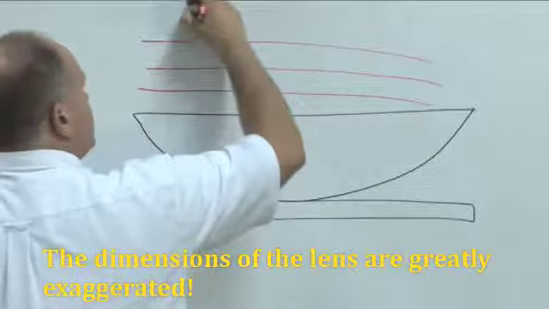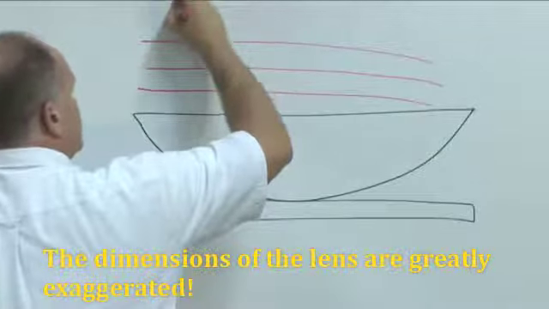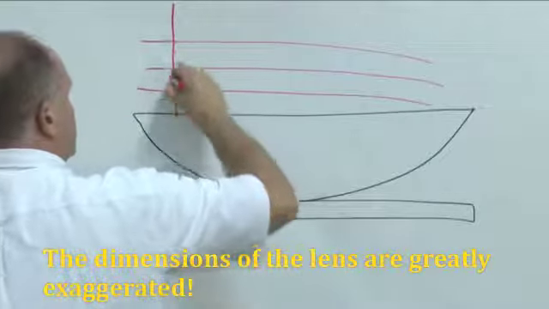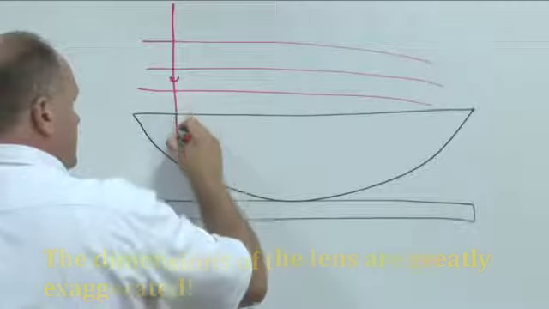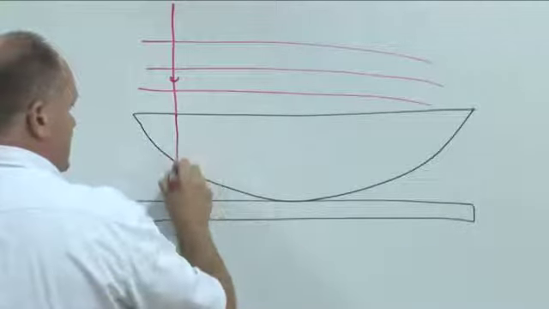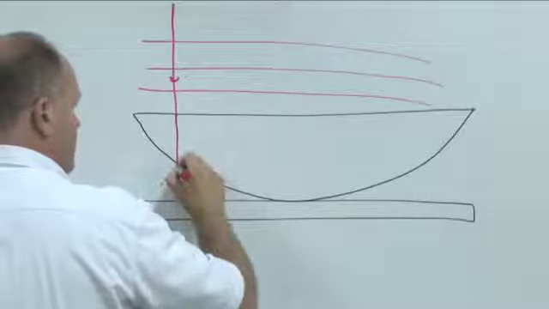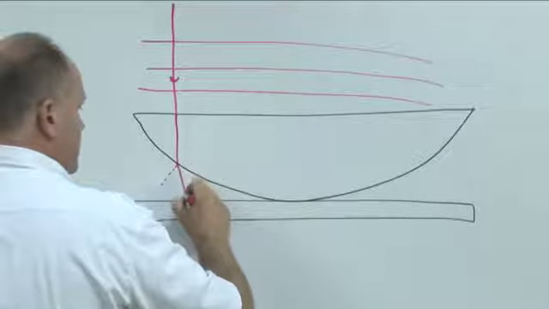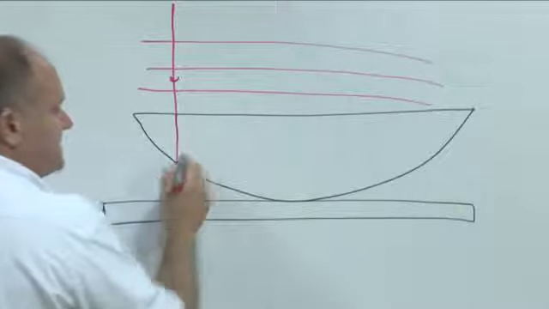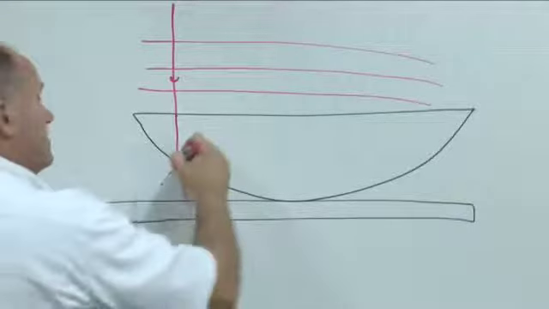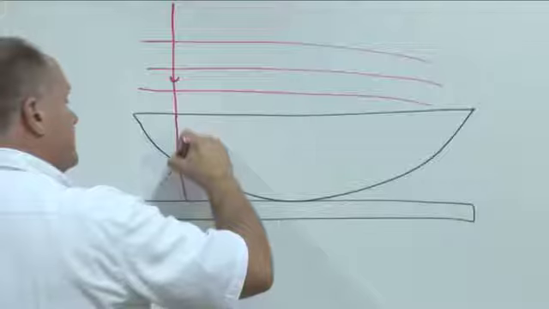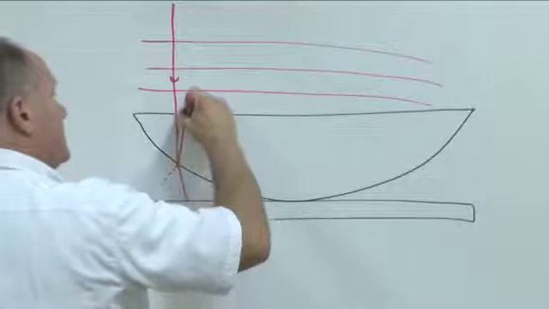A ray of light comes straight down through here. There's the normal, and it bends away from the normal there. At this interface, part of it gets transmitted through, part of it gets reflected. Let's just draw it like that.